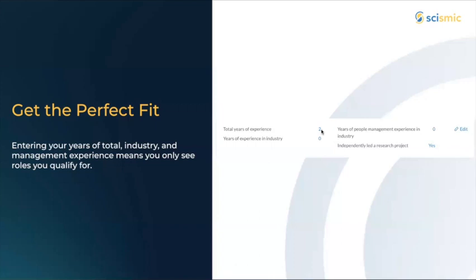And for Scismic, we only do whole numbers. So if you have gone above the whole number, if you have like 2.5 years experience post degree, just round it up to 3. It's completely okay because a lot of roles will consider the requested total years of experience plus or minus 2 years.